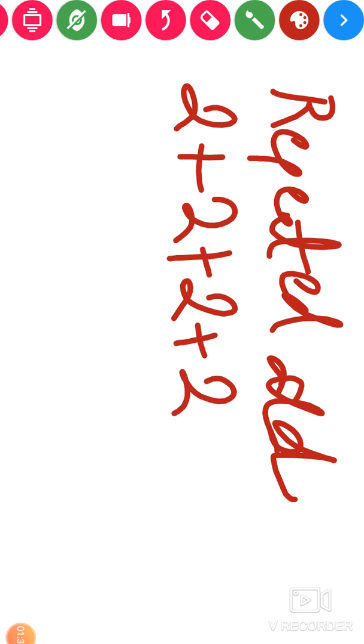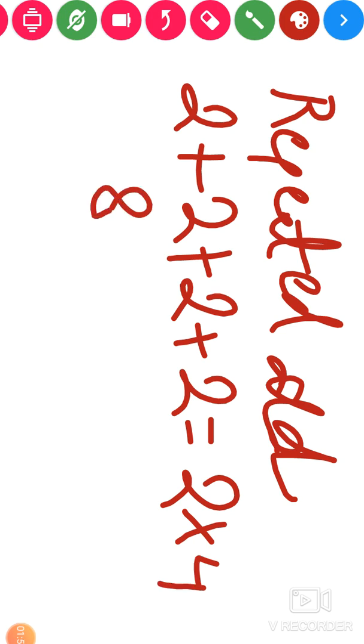So here I am adding 2 multiple times, 1, 2, 3, 4 times. So this is repeated addition. Also I can write this as 2 into 4. Answer will be 8. So multiplication is what? Multiplication is repeated addition.